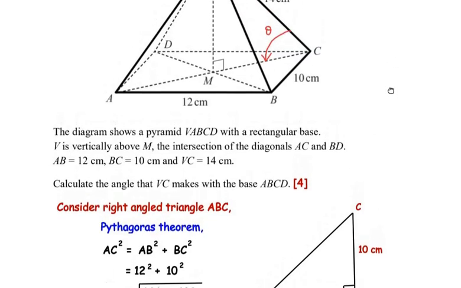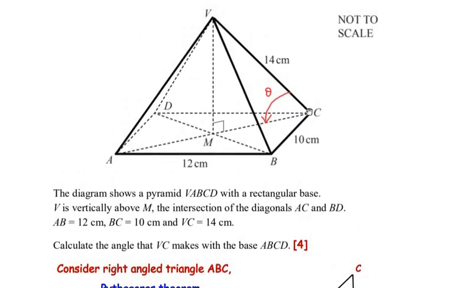Now once we have got the value of AC, let us try to find out the length of MC. Now remember that the diagonals of a rectangle bisect each other and they intersect at their midpoints. And since the diagonals AC and BD are intersecting at point M, M becomes the midpoint of the diagonal AC and diagonal BD.